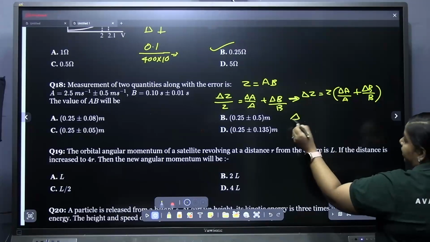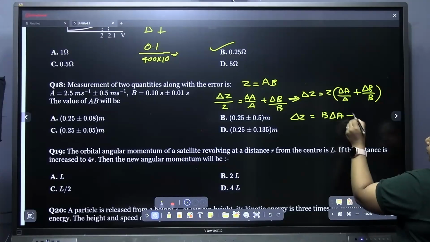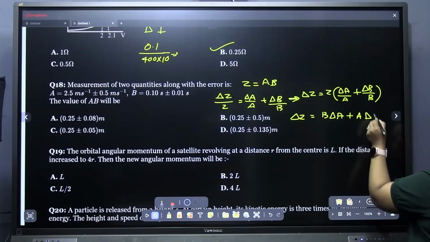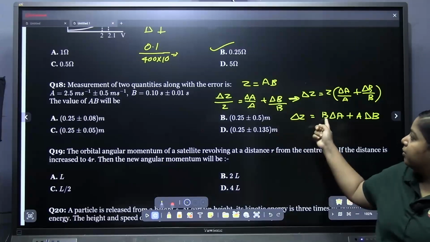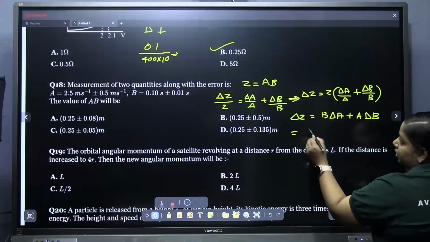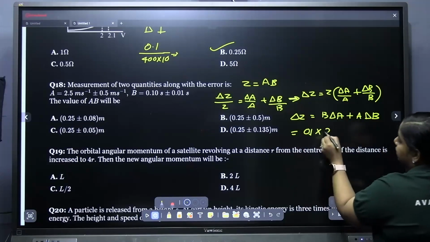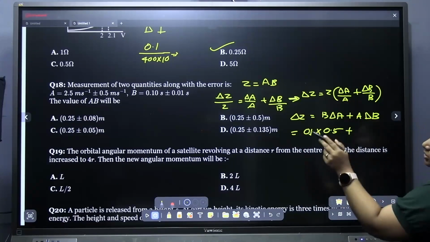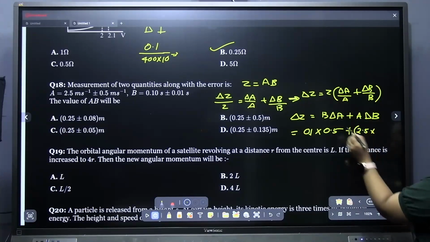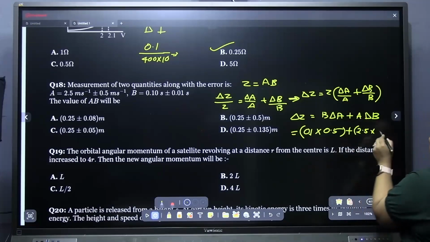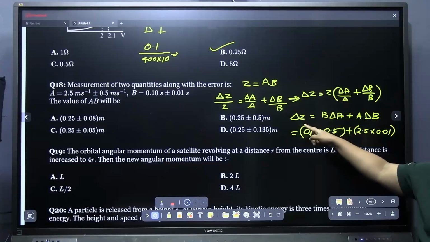Substitute that, you will get delta Z equal to B delta A plus A delta B. B value is 0.1, times delta A is 0.5, plus A is 2.5 and delta B is given as 0.01. Then you can find delta Z from it.